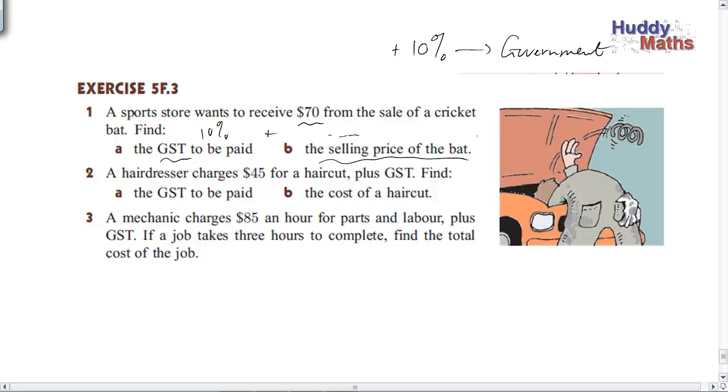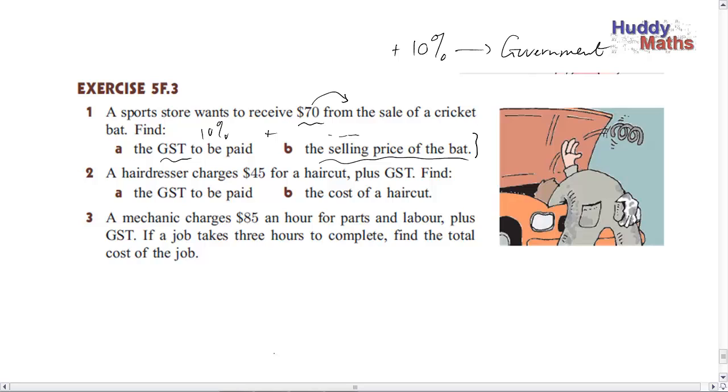And what would the final selling price be? It will be the mark price plus the GST. Okay, or you could do the one-step method and just do a multiplier on the $70 to see what the selling price would end up. You wouldn't know the actual value then of the GST. Right, do you get it?